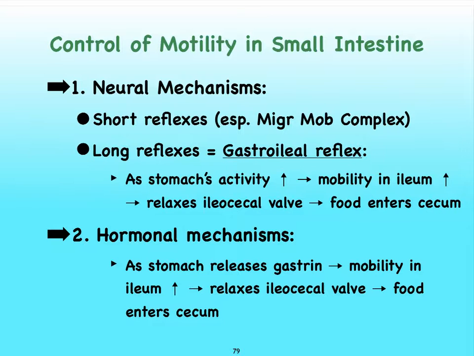So this is a long reflex. This is going to involve sensory information being sent to the central nervous system, and then from the central nervous system we're going to see parasympathetic fibers making it all the way down to the digestive structures. So this is called the gastroileal reflex.